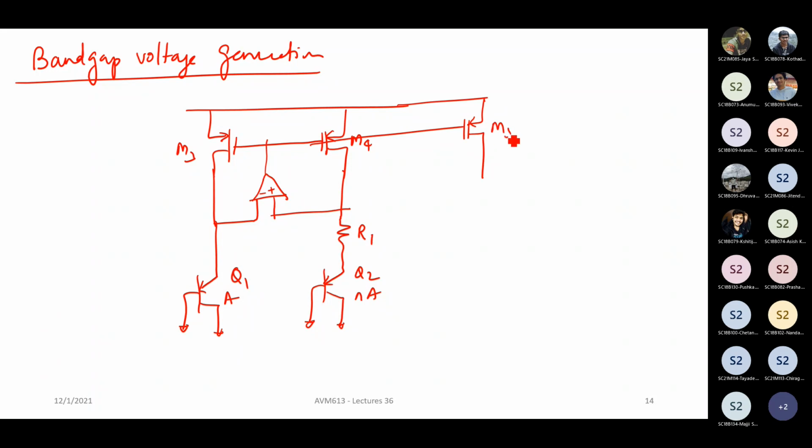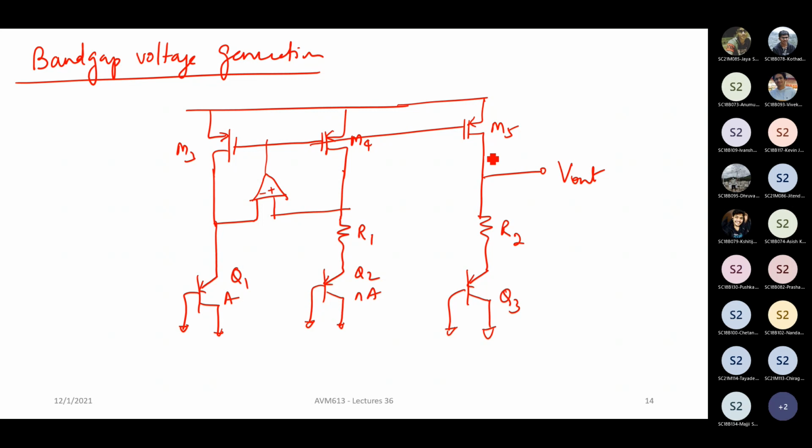Now, if you take this PTAT current and pump it through another resistor, call it R2, with another transistor Q3, you can adjust R2 in such a way that you get a Vout, which is where the reference voltage is temperature independent.